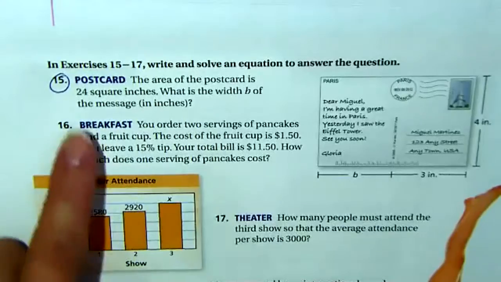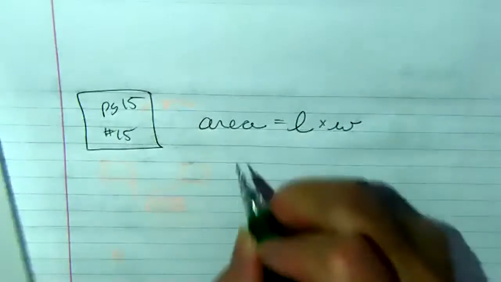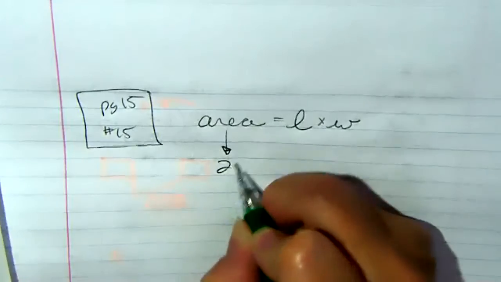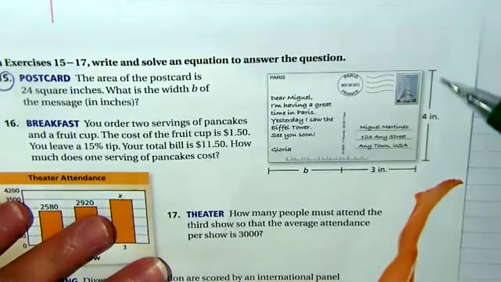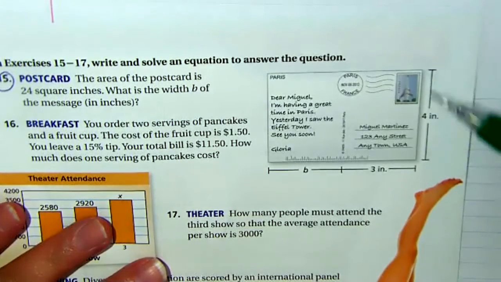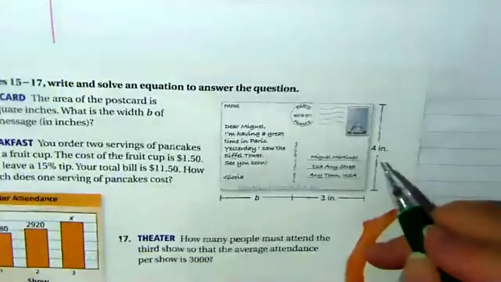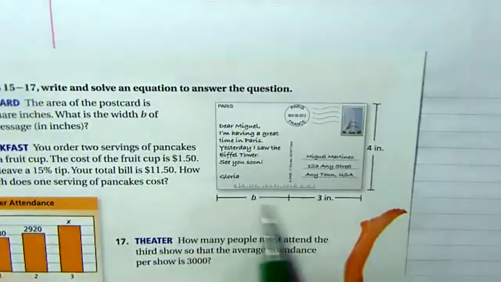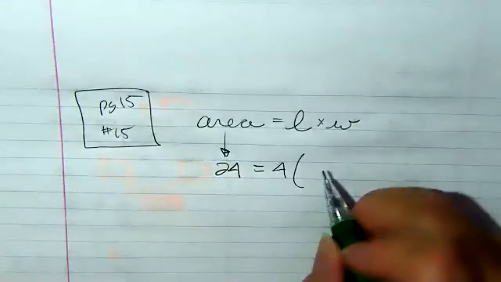This is telling us the area is 24 square inches. So my area is 24 square inches. My length is 4. And I need to multiply that by the width. And the width is b plus 3.